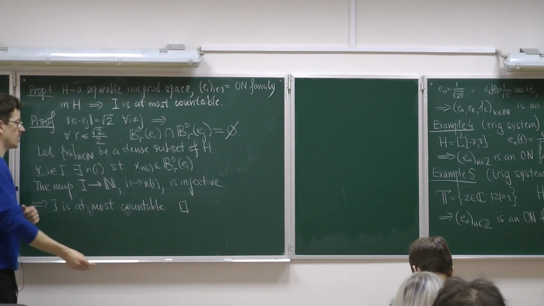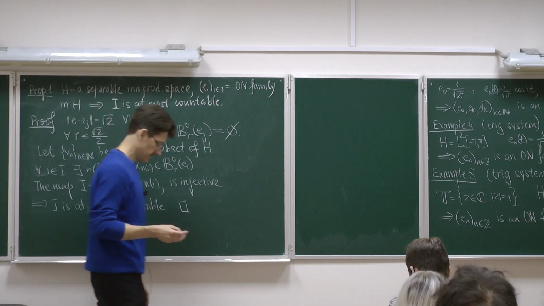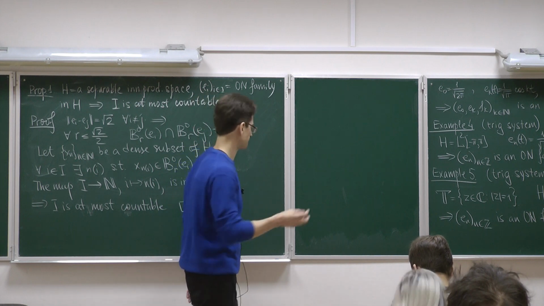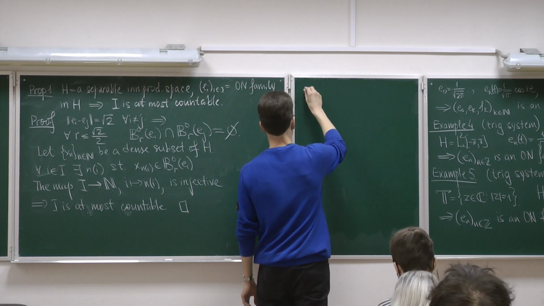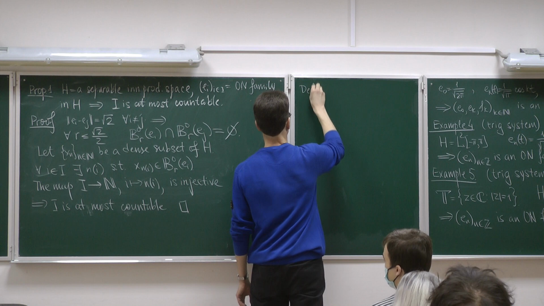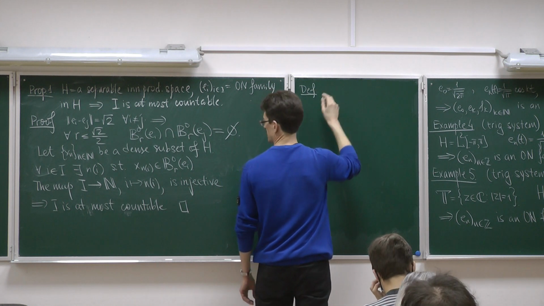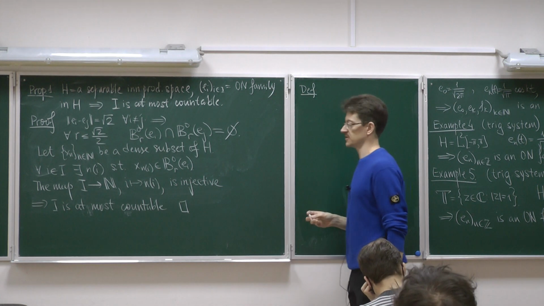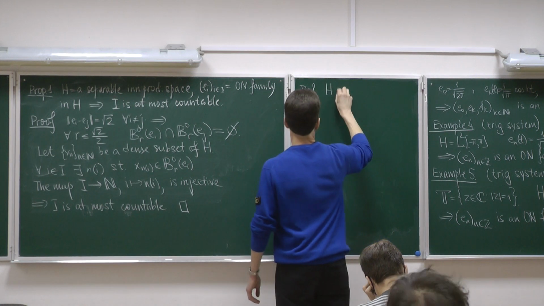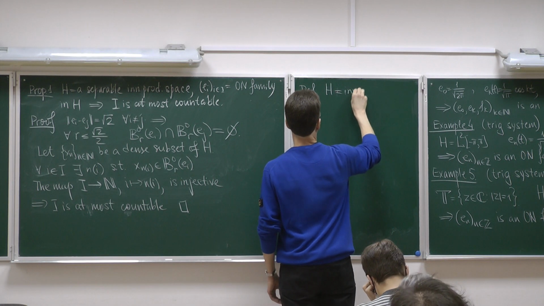Okay, let's now introduce Fourier coefficients of a vector with respect to an orthonormal family. So as before, we suppose that H is an inner product space.